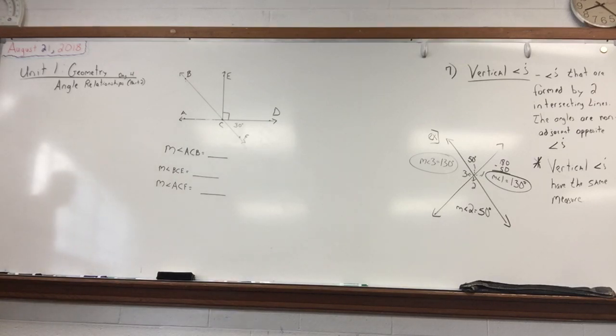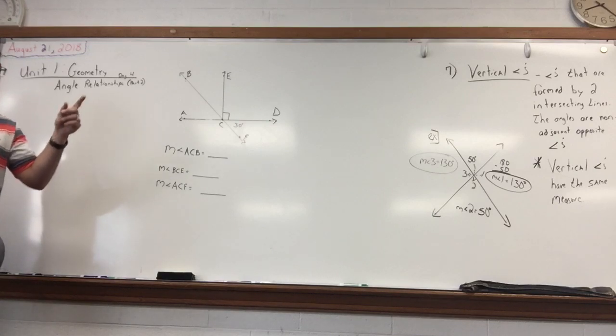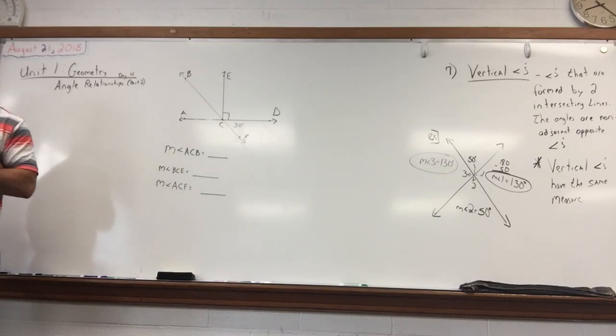You're not naming them acute. You're naming with the actual degrees. Whenever it says measure, those are degrees. I need a specific amount. So is it going to be 130? Is it going to be 70? Is it going to be 22? So I want an actual degree measure.